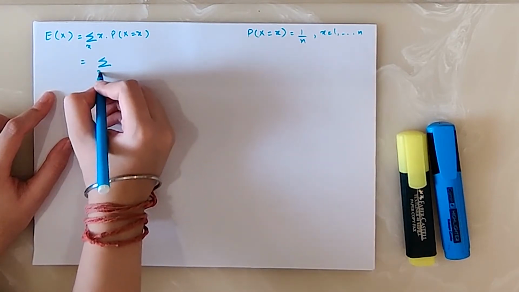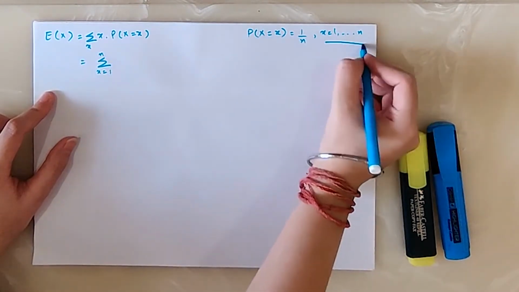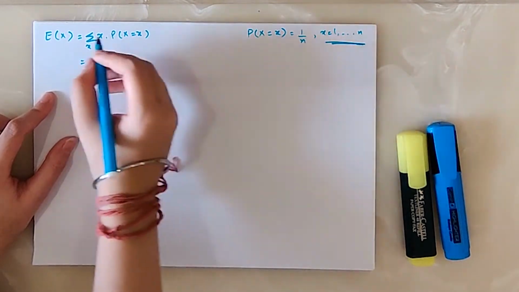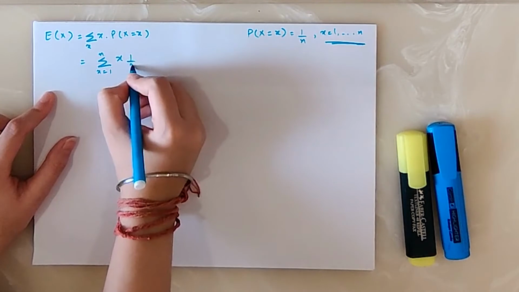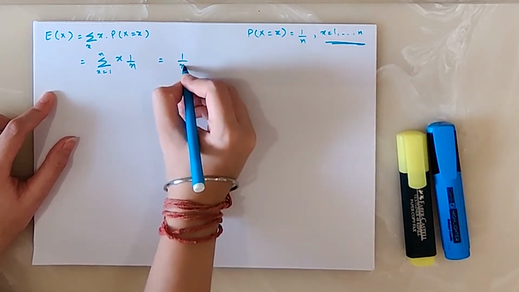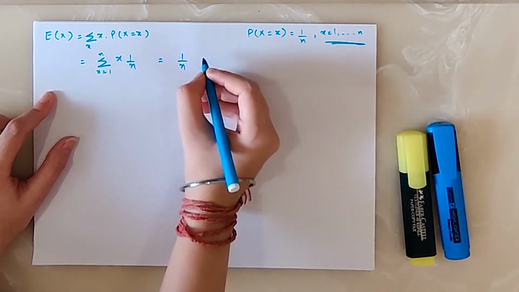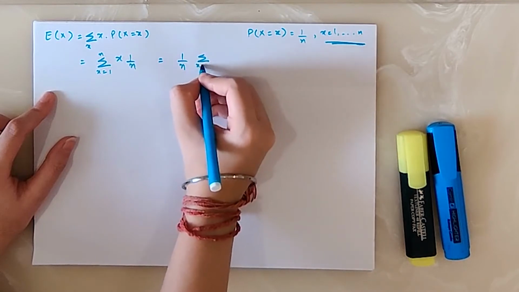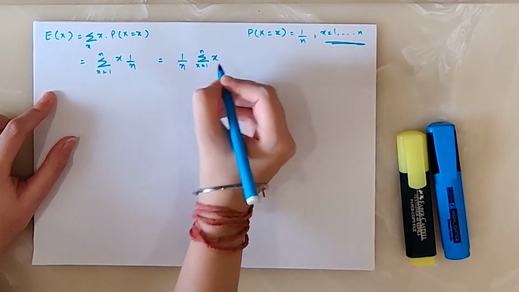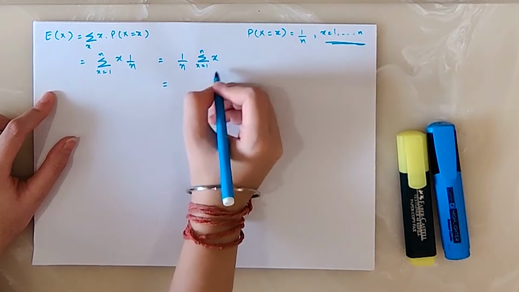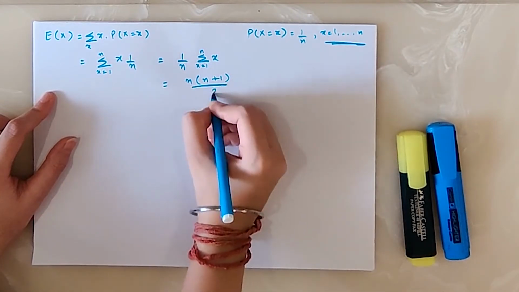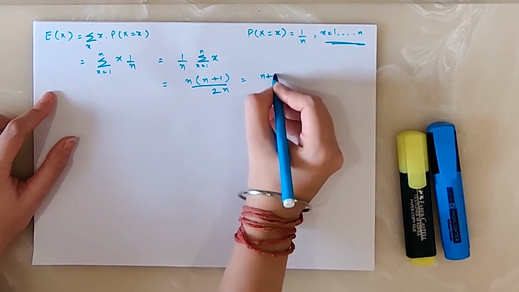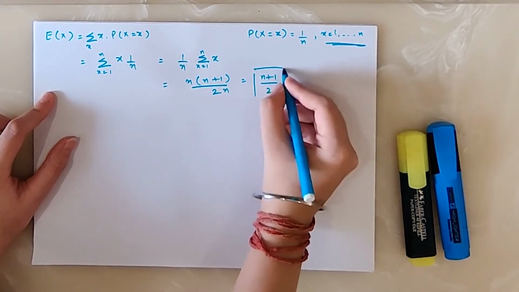This is equal to summation x = 1 till n, this is the range of x, then our x, then probability X = x, that is 1 by n, which is equal to, we take 1 by n out, which is a constant, and summation over x. This summation is nothing but n into n plus 1 by 2 upon n, which is equal to n plus 1 by 2.